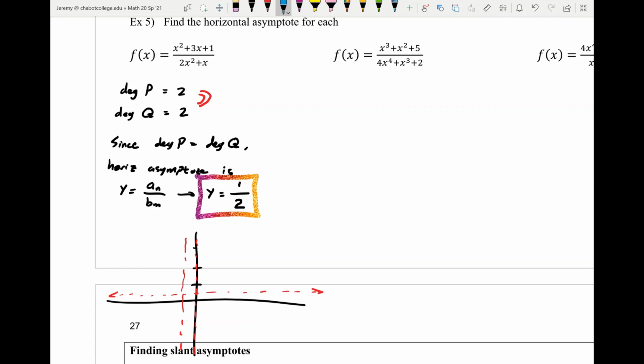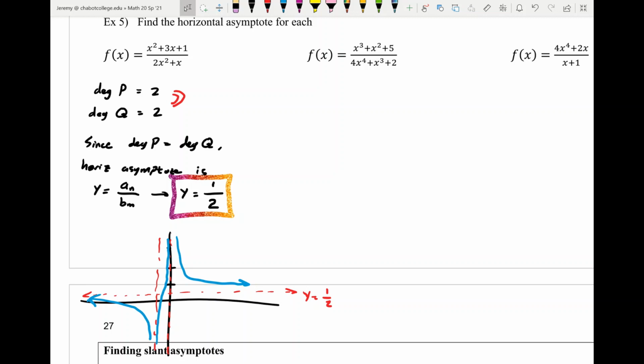So I think the graph for this one ends up looking something like this. But anyway, the important feature that we're thinking about right now is just this horizontal line, y equals 1/2, which this graph is going to approach on the left and on the right.